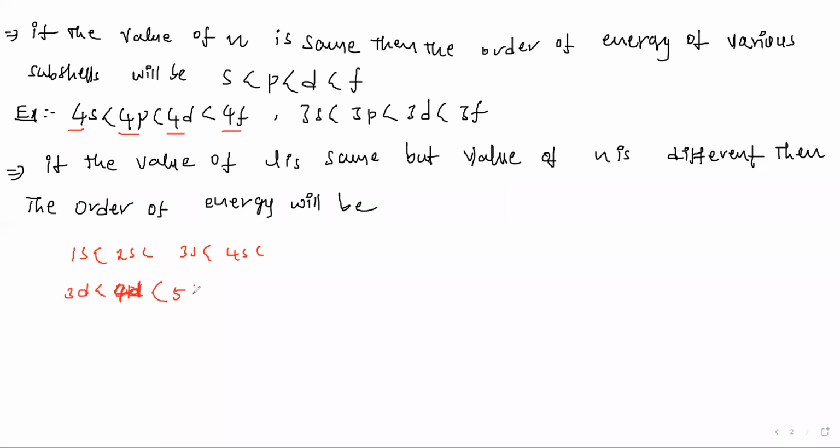And this is less than 5d and this is less than 6d. Here, if l value is the same, the one with the highest principal quantum number has more energy. Here the principal quantum number value increases. Here the angular momentum quantum number value increases.